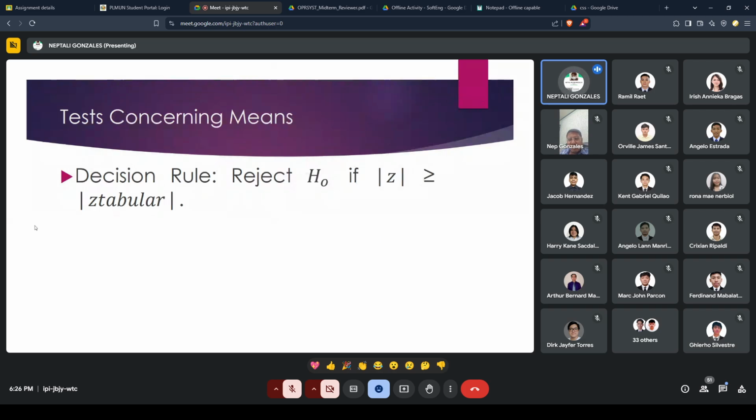And the decision rule is denoted by this one: reject the null hypothesis if the absolute value of z, so that is the computed value of z.